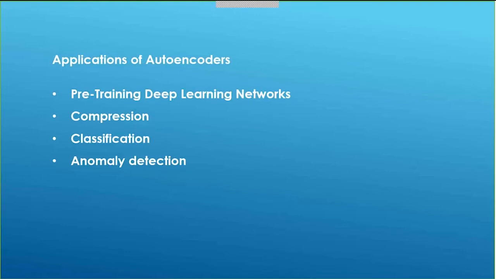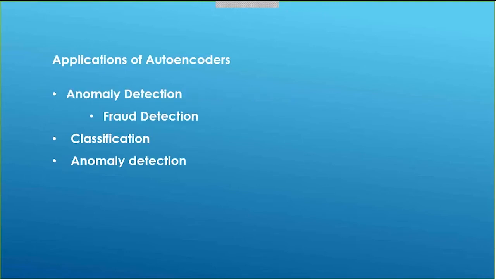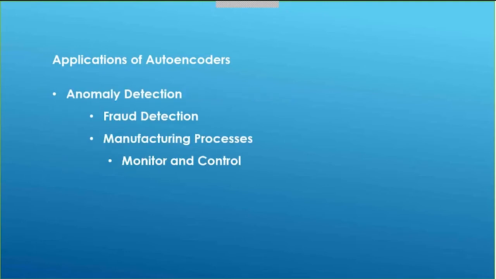It's used in a lot of different ways, not only for anomaly detection, but for data compression. It's used for pre-training deep learning networks, where you've got the ability to pick out features that are specific to your data set without any pre-knowledge of what that's likely to be.